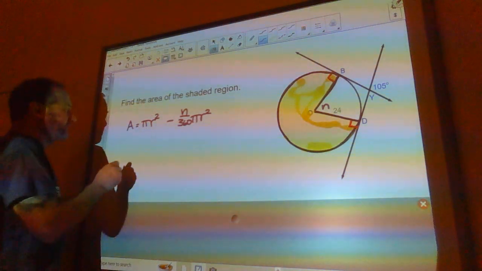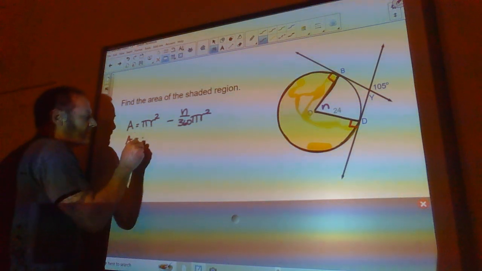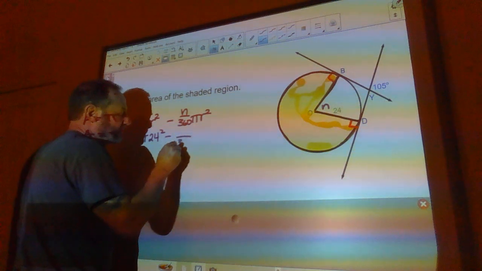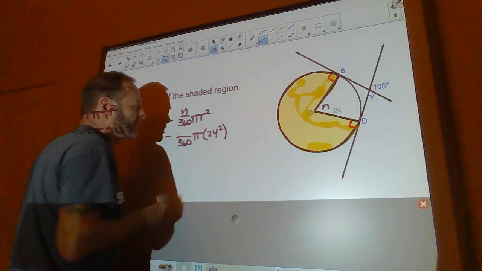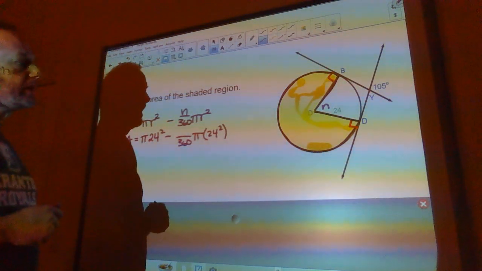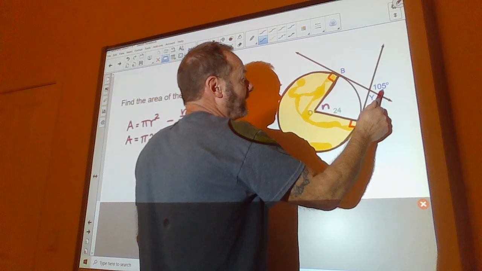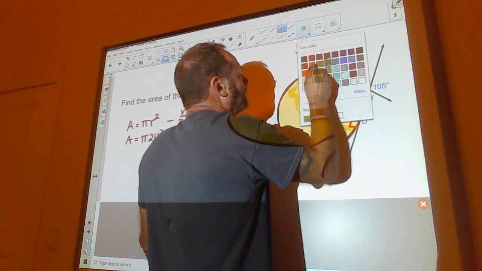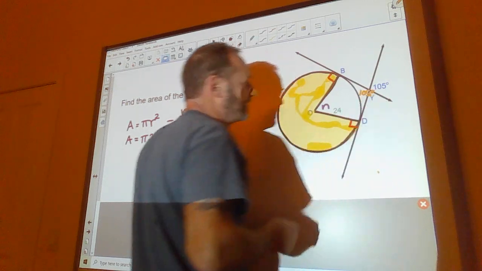Now, I know the radius is 24 because it tells me that right here, so I can plug that in: pi times 24 squared minus something over 360 times pi times 24 squared. What's that something? I have a clue out here, because this is 105, which means this angle right here is 105 degrees.